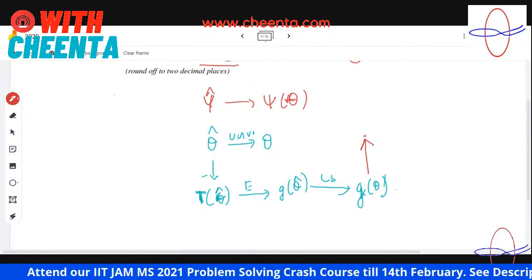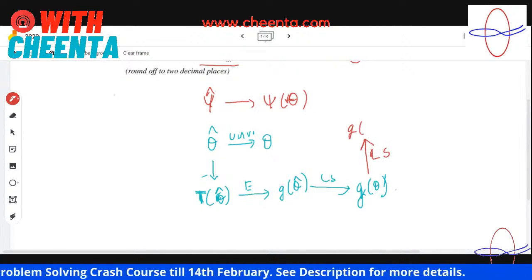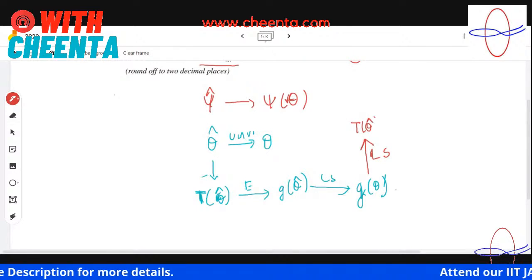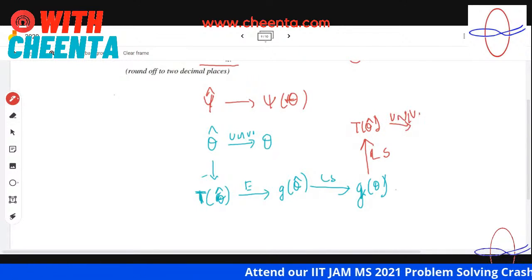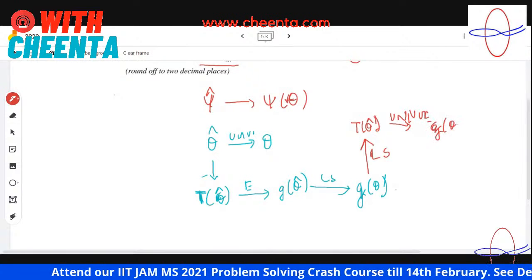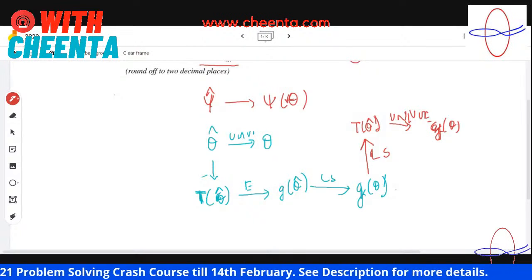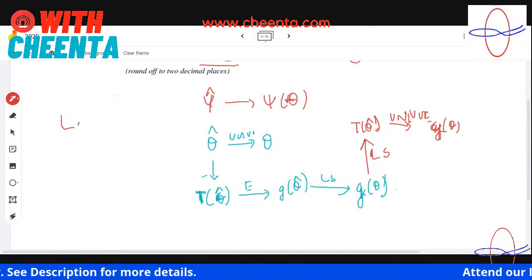Since the expectation is unbiased, by the Rao-Blackwell theorem and by Lehmann-Scheffé, we get that t of theta hat is the UMVUE of g of theta. All of you understood this, guys? It's not Lehmann-Scheffé project, it's Lehmann-Scheffé.